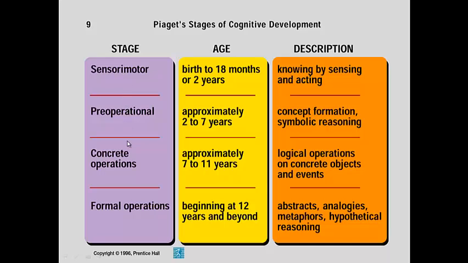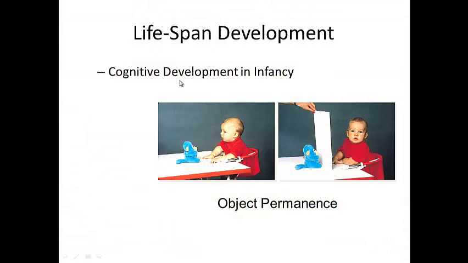Now let me point out some interesting aspects and supporting evidence of these stages, right? Beginning with the sensory motor stage, remember how Piaget suggested that a child knows the world by sensing and acting, and that is supported by the idea of object permanence, that a young child does not have object permanence.